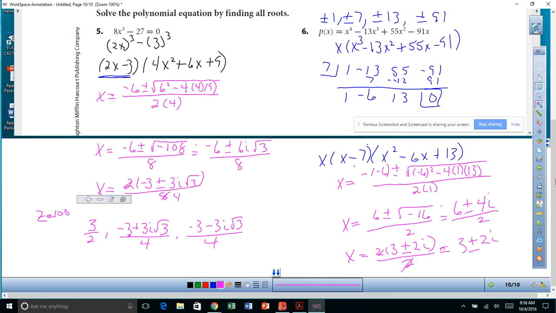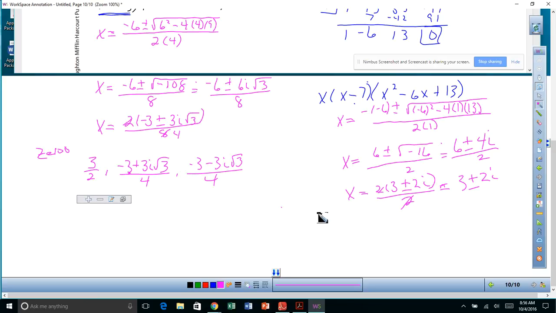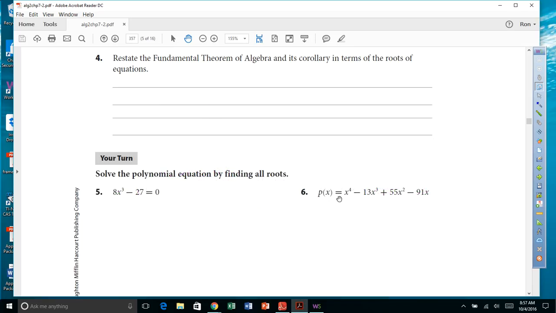So our zeros are going to be, we had x, so our zeros are going to be 0, 7, 3 plus 2i, and 3 minus 2i. Good deal, good deal. And there's our roots, or zeros.